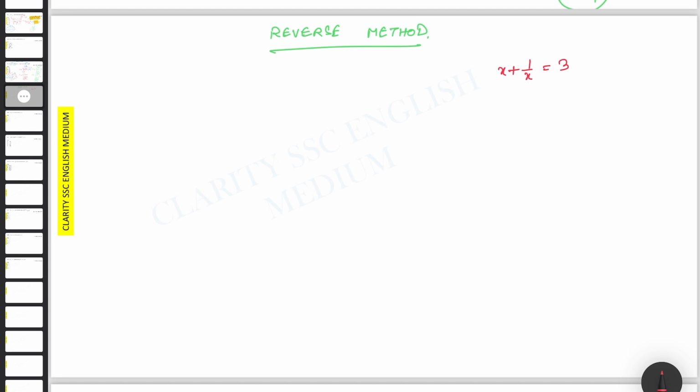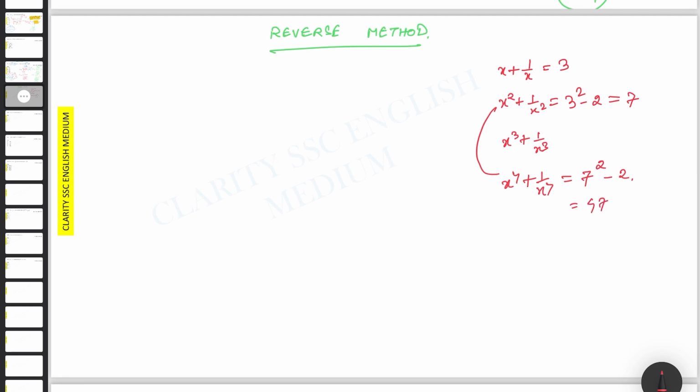Then x squared plus 1 by x squared is 3 squared minus 2, which is 7, and x to the power 4 plus 1 by x to the power 4 is 7 squared minus 2, which is obviously 47.